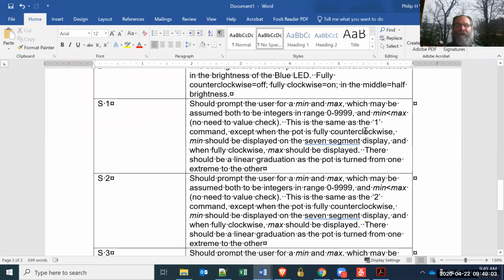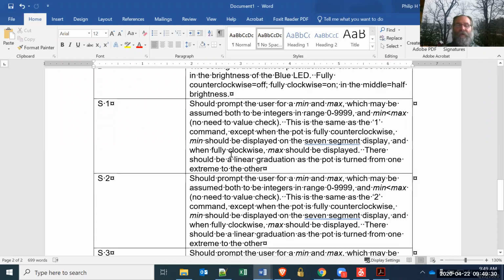Then you're going to display the setting of potentiometer 1 on the 7-segment display. When it's fully counterclockwise or all the way down, you're going to display whatever value was entered for min. When it's fully clockwise, you're going to display whatever max was entered. And this should be a linear graduation, so you're going to do a little bit of division.